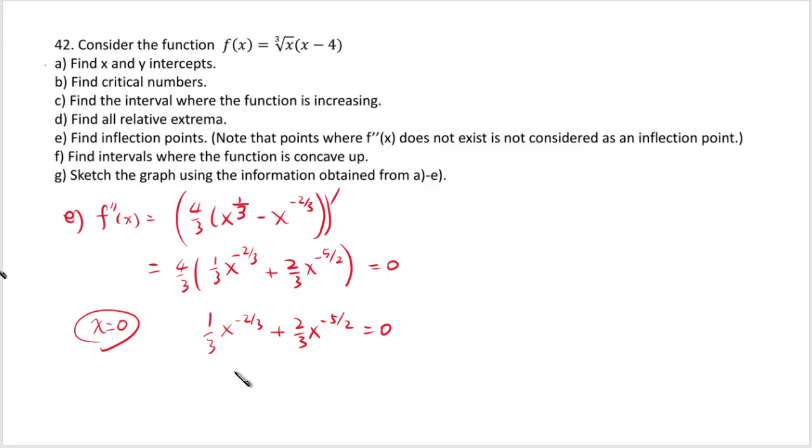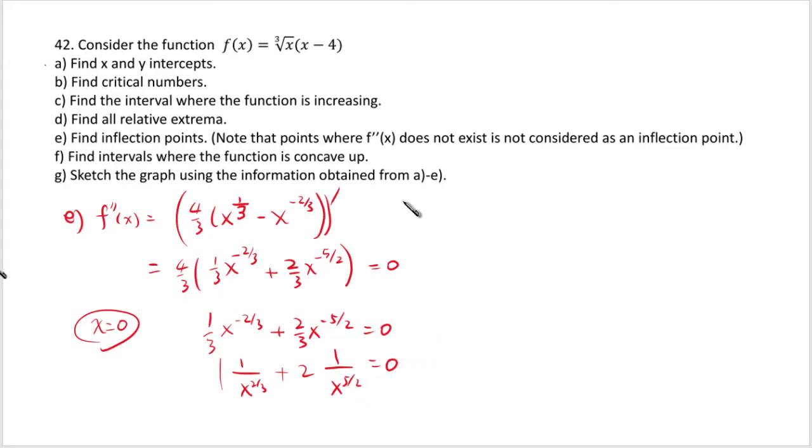Multiply by 3, and let's rewrite these as fractions. So it's 1 over x to the 2/3, plus 2 over x to the 5/3, and because we multiplied by 3, this is just 1, this is just 2, and that's equal to 0.